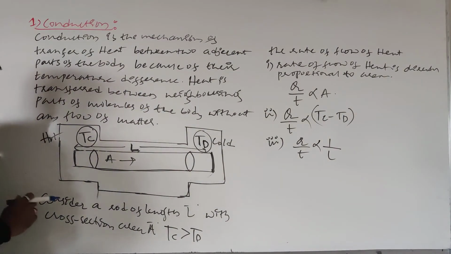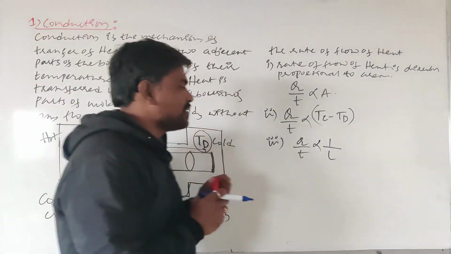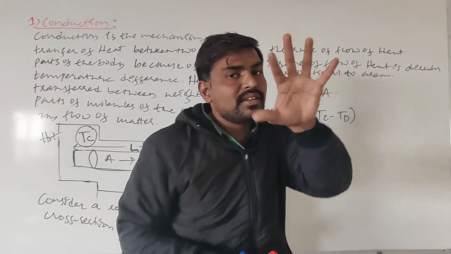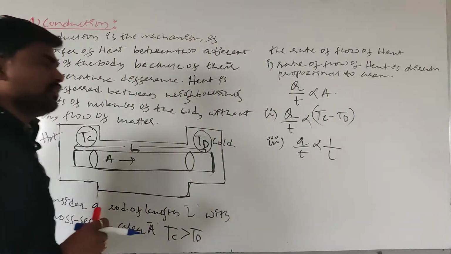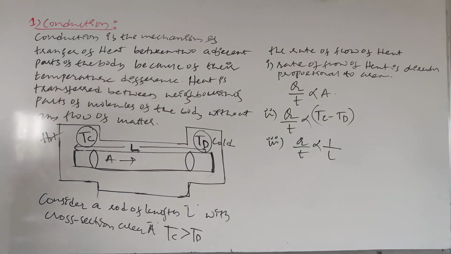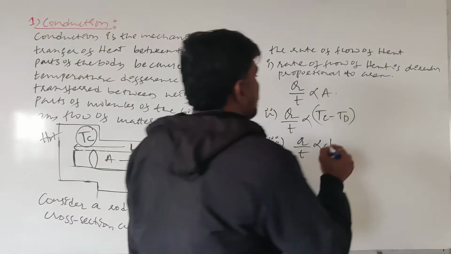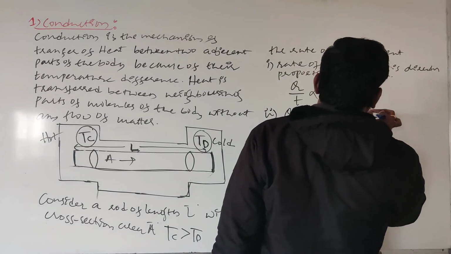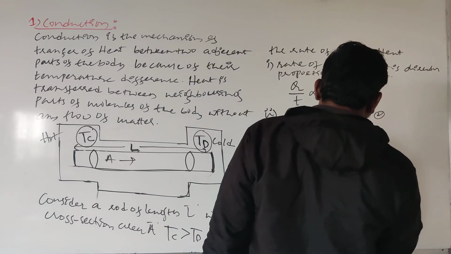Because the length is the same, we don't give much importance to the length. That is why we said inversely proportional to what? Length. So this is 1, this is 2, this is 3.